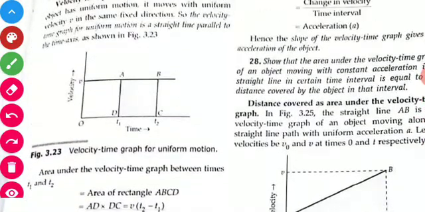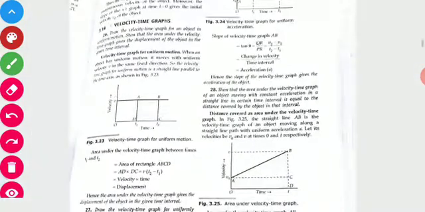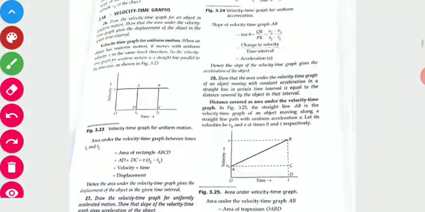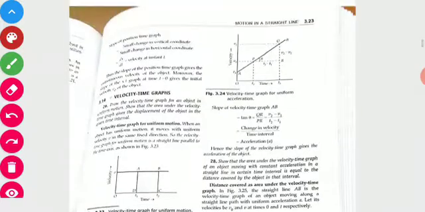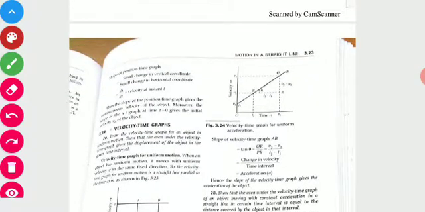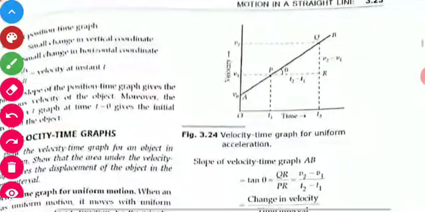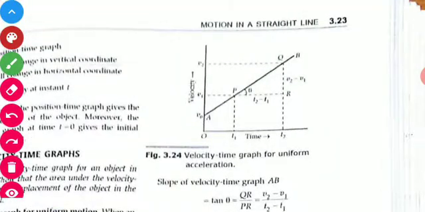Next we have graph number 2, which is the graph for uniform acceleration. As you can see, it is a straight inclined line, so the slope is not changing.